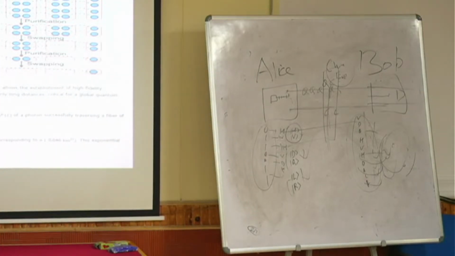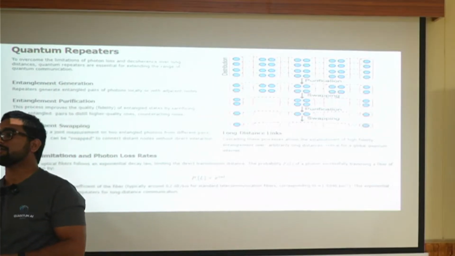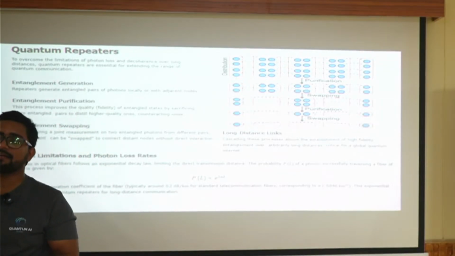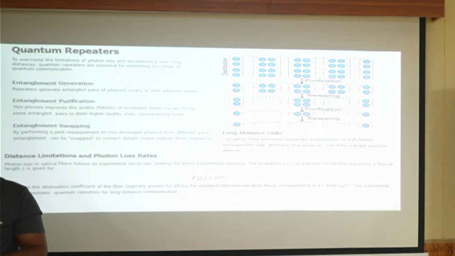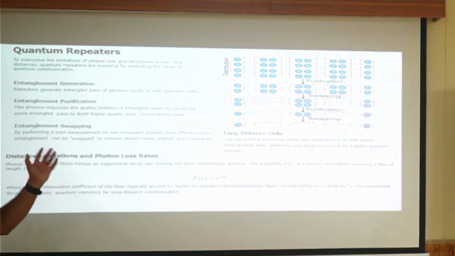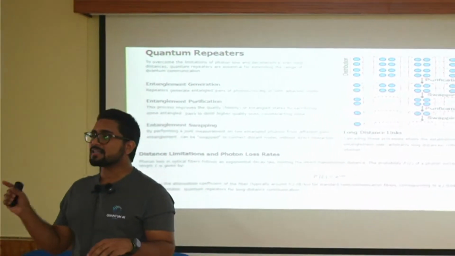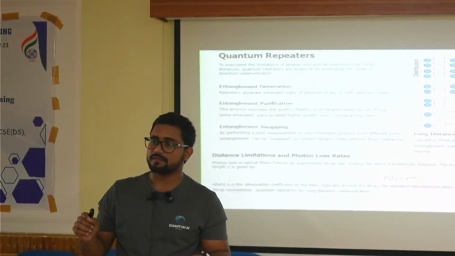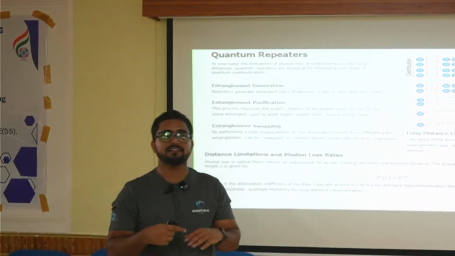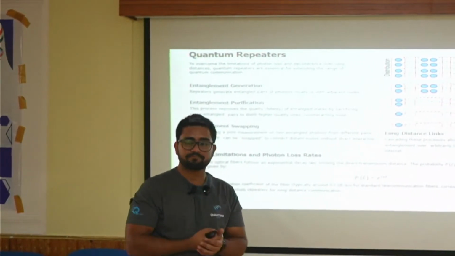Fidelity is the quality of entanglement. Let's say out of 100, if your quality of entanglement, which is called fidelity, is below 70, you cannot conduct certain quantum communication protocols. So 70% is the required fidelity. Out of 1, 0.7 is the required fidelity.